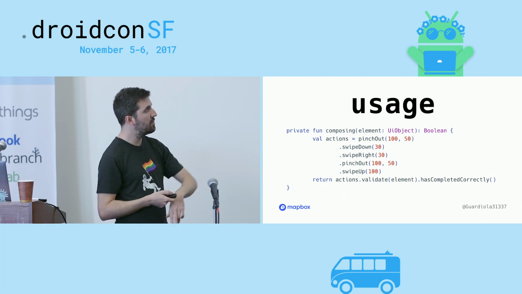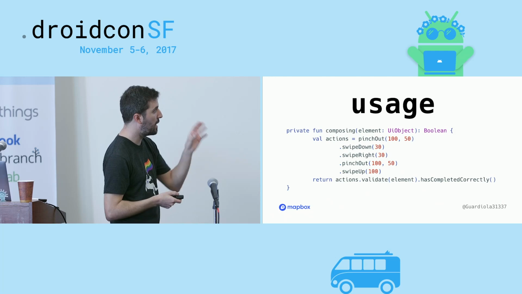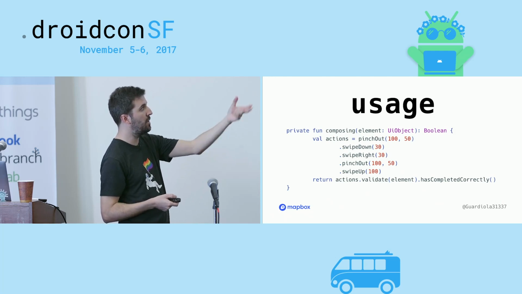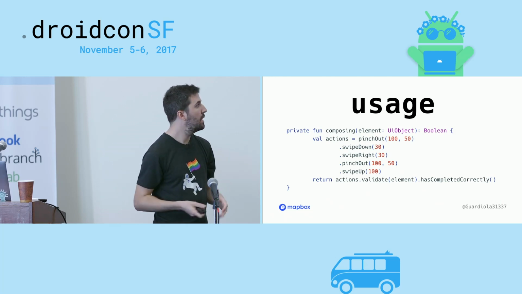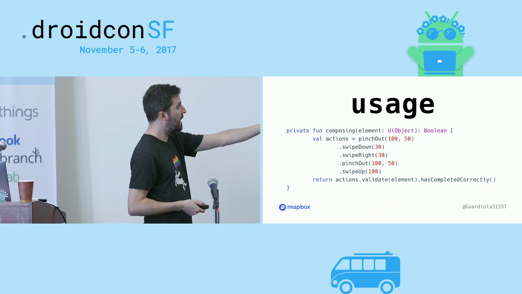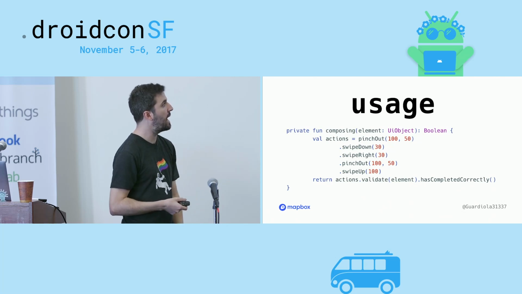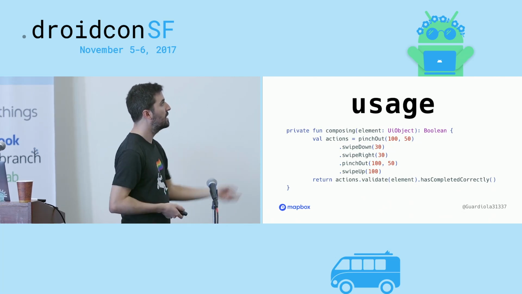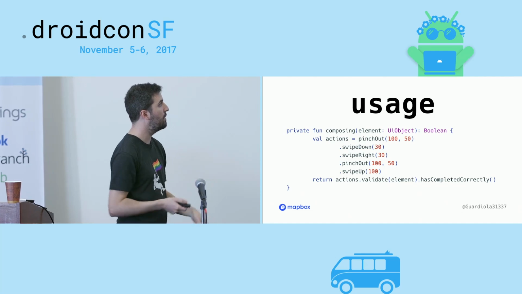And for those of you who are not familiar with UI Automator, basically the UI object is a view.